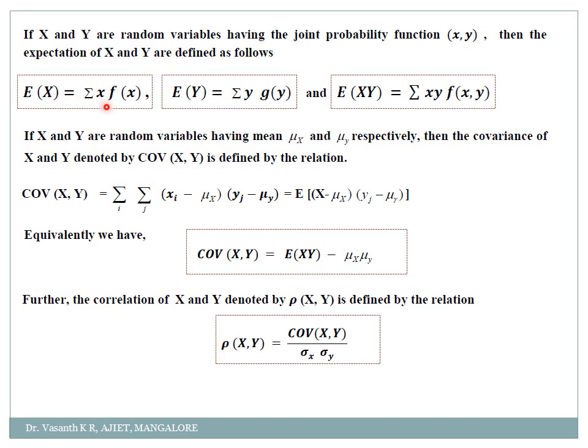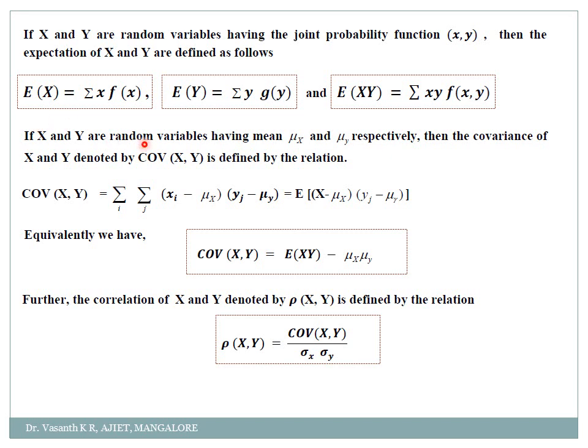So expectation of x is summation x into f of x, expectation of y is summation y into g of y, then expectation of xy, this is very important. Expectation of xy is summation of xy into f of xy, write it carefully. So this is the formula to find out expectation. So normally they will ask you to find all the three expectations, okay.